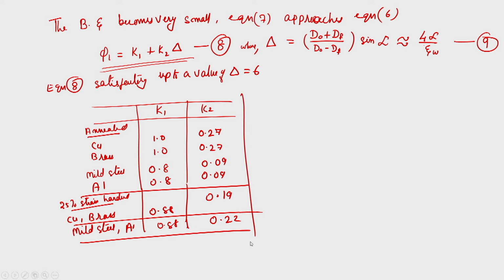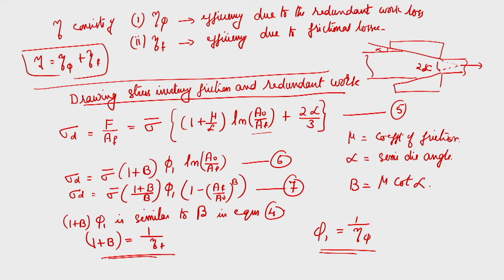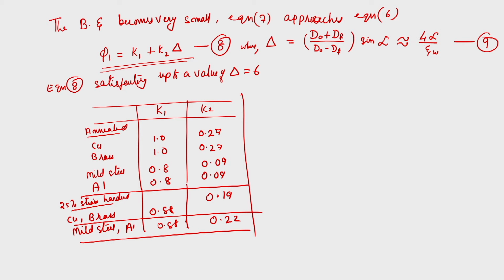So that way we can find different values from the literature, and you see that there is not much variation, but it is satisfactory using these equations. And by using equations 6 and 7, any of these equations, using this mean yield stress, whether this is a correct value where the predictions are going to be right.